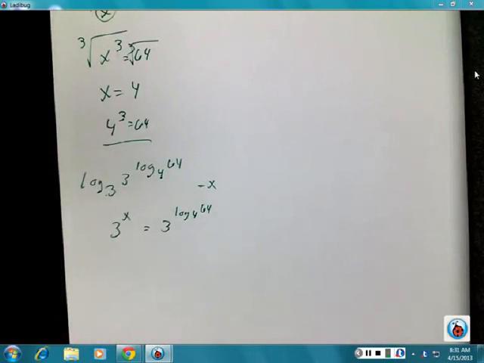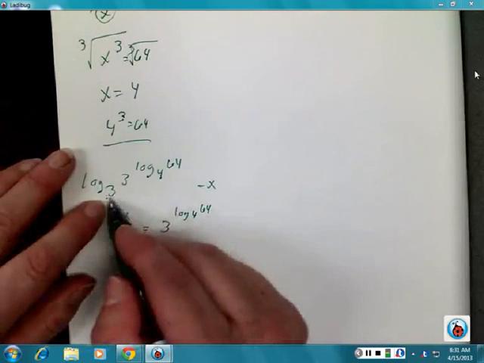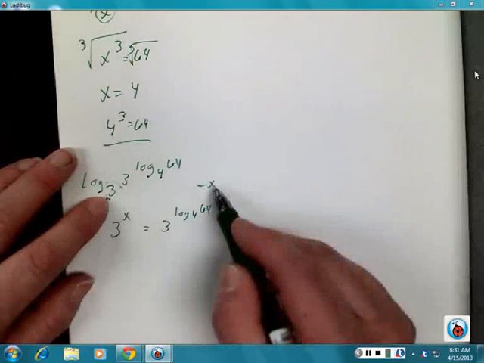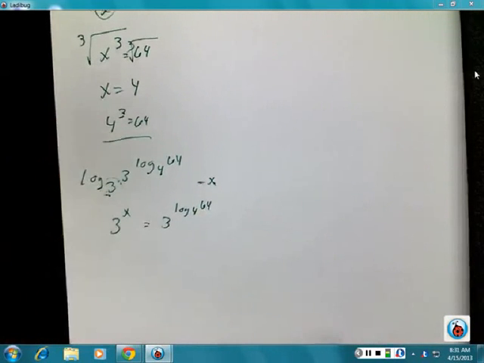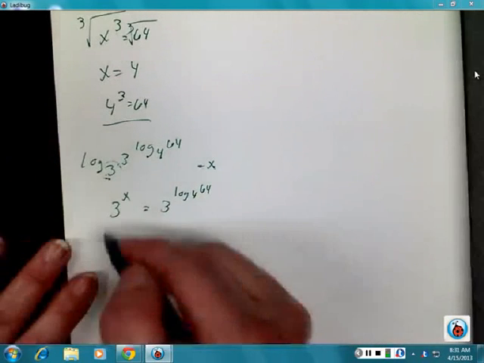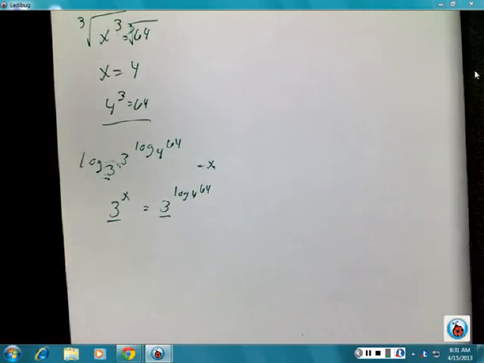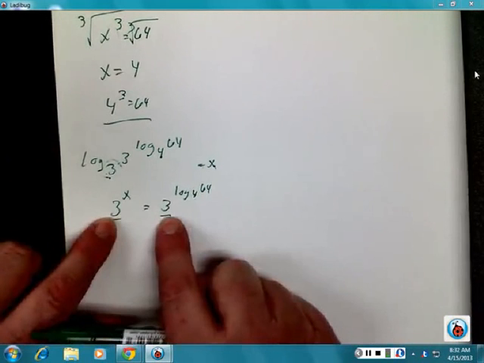Everybody get that part? Again, here's my base. There's my exponent. This is what it's all equal to. Now if we take another look at this thing, our bases are the same, and they kind of snuck this one in on you. Bases are the same, so that means my exponents equal each other.